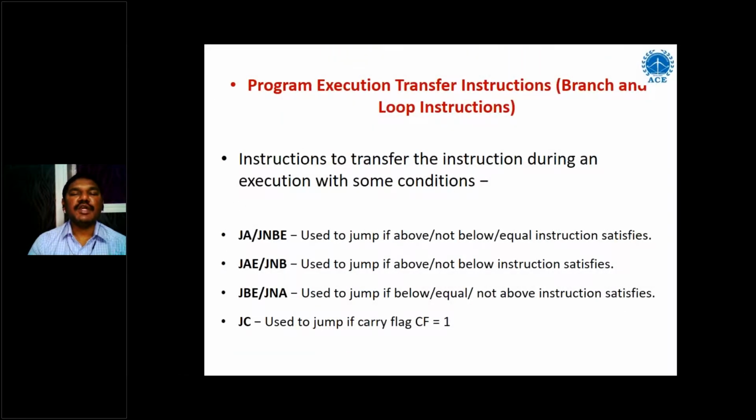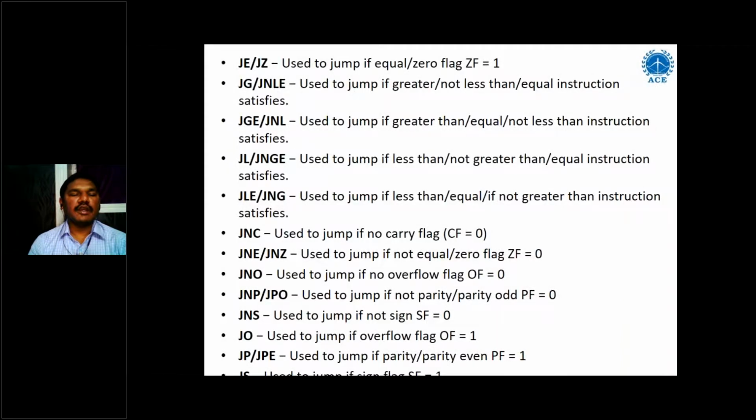Next, program execution using conditions. What is the condition? If we add two values, carry or auxiliary carry may be generated. If you subtract two numbers, the sign bit may be generated. Like that, you can have different types of condition checking: overflow may occur, parity may be generated, greater than, less than.